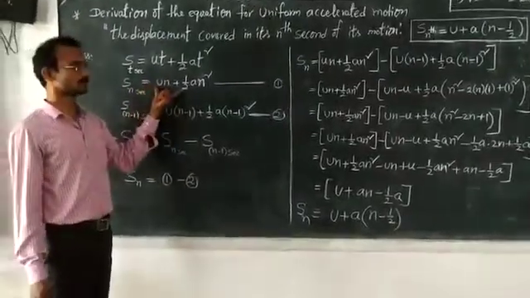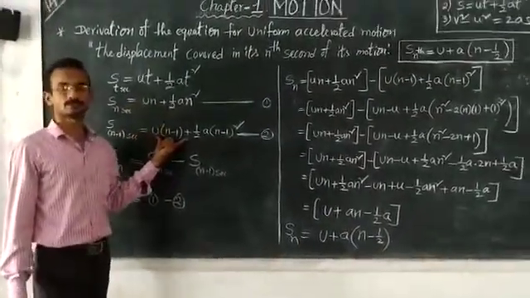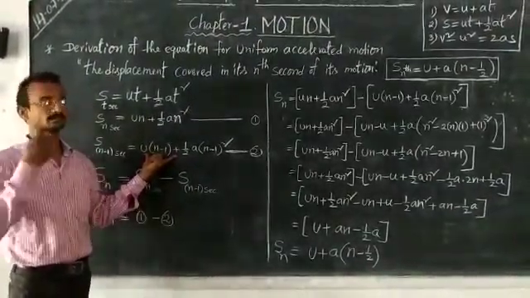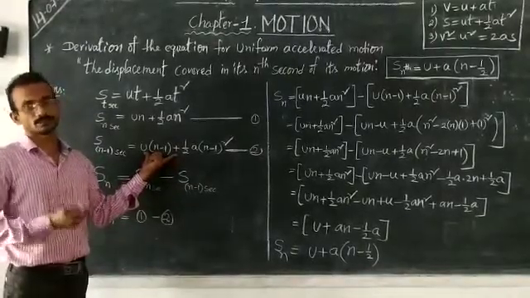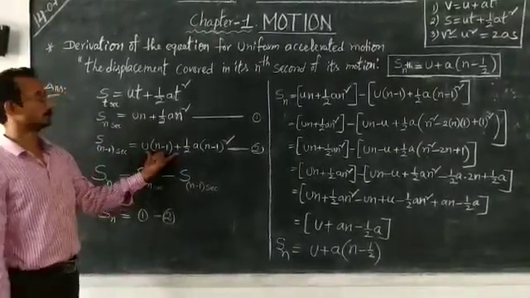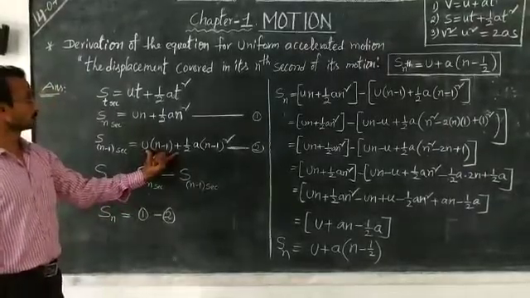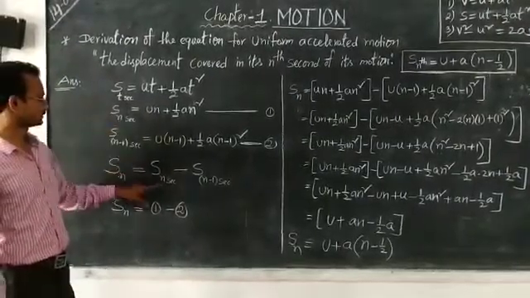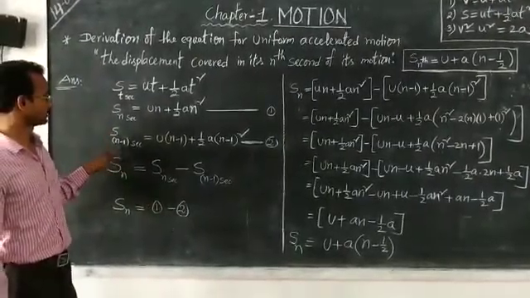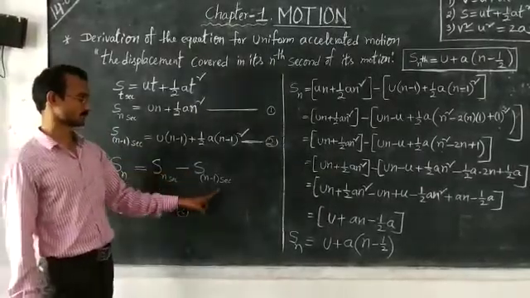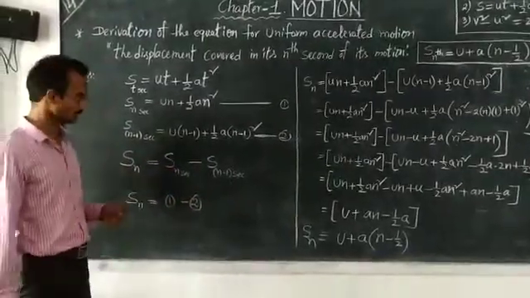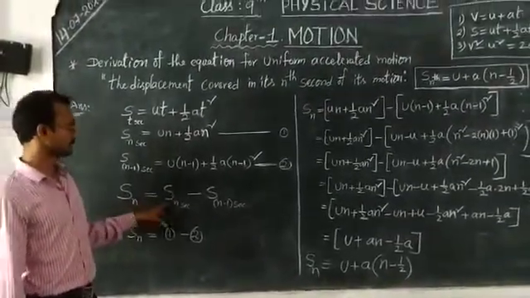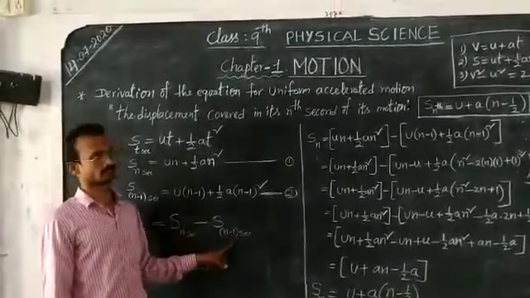If I want to know the displacement covered in the 10th second, I need to subtract the displacement covered in n minus 1 seconds from the displacement covered in n seconds. That is, the displacement in 10 seconds minus the displacement in 9 seconds.